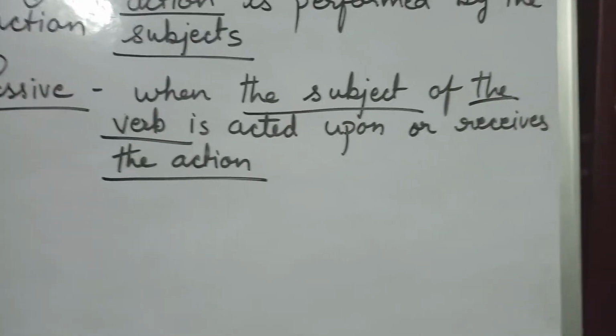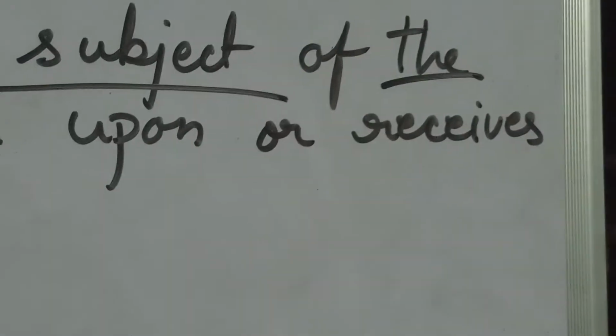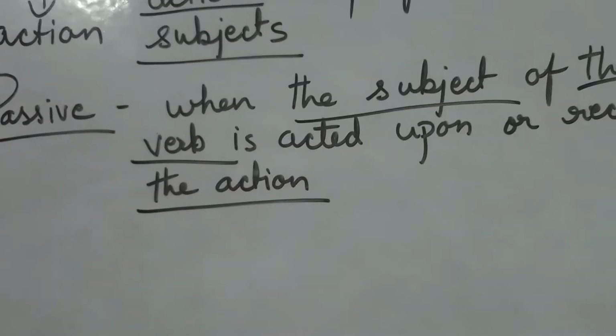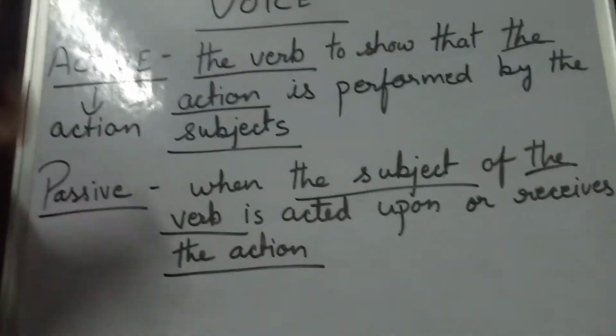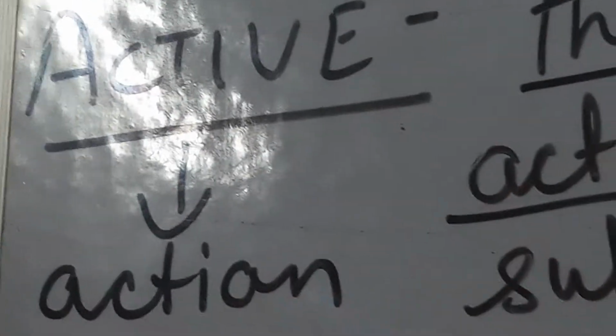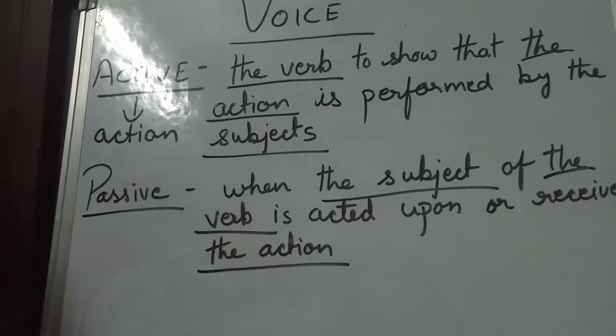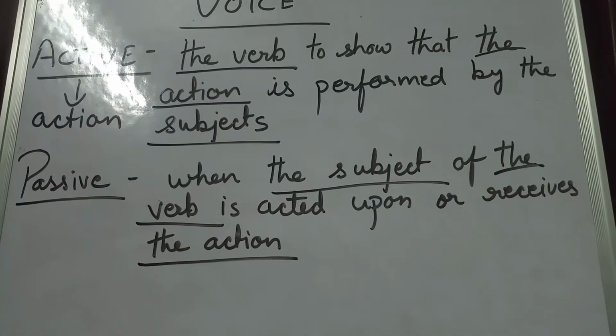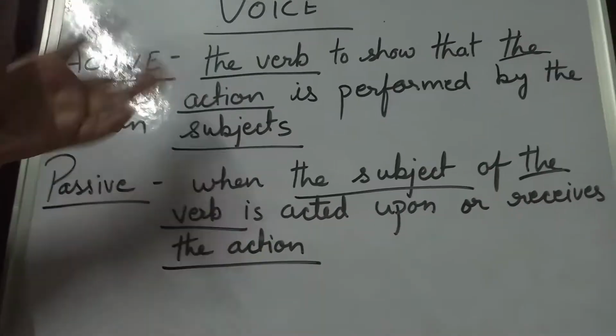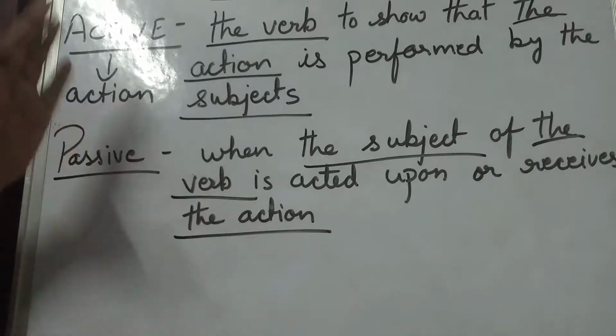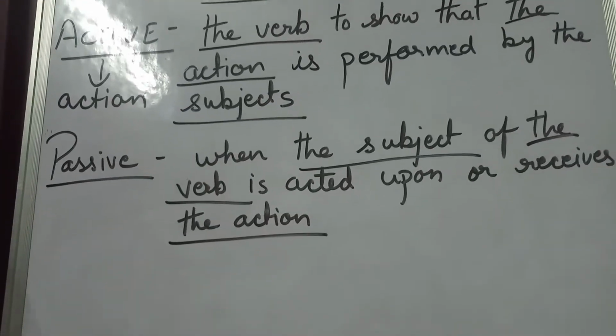But instead of going to the definition, if you will see the three main things that are coming: verb, action, subject, subject, verb, action. But the sequence is different. The sequence is only turned. That is what I am trying to tell it to you.